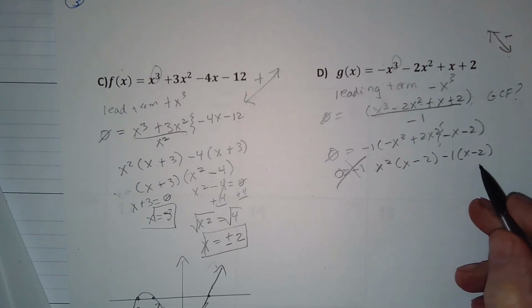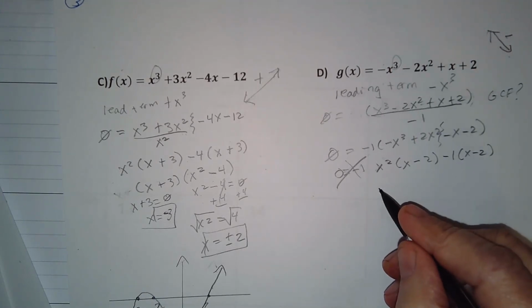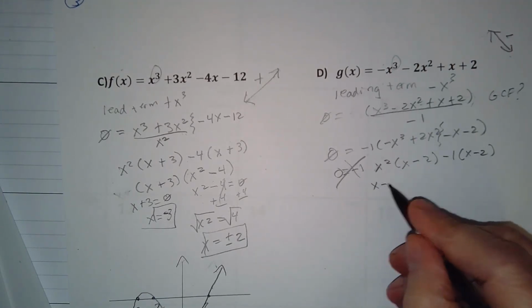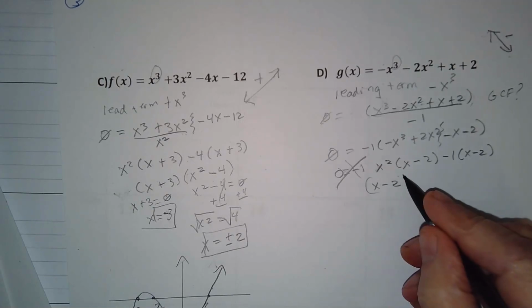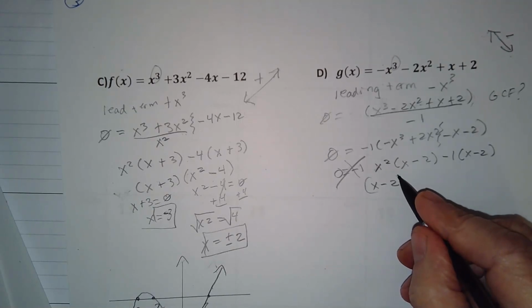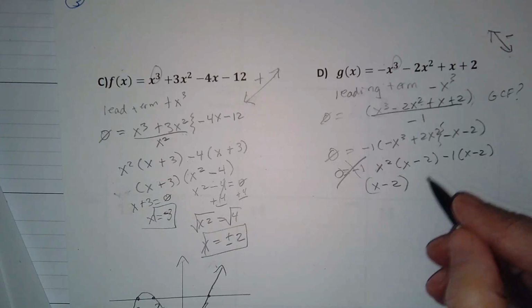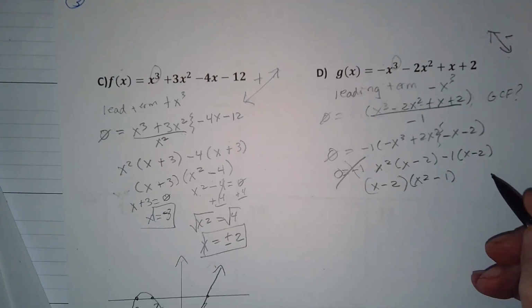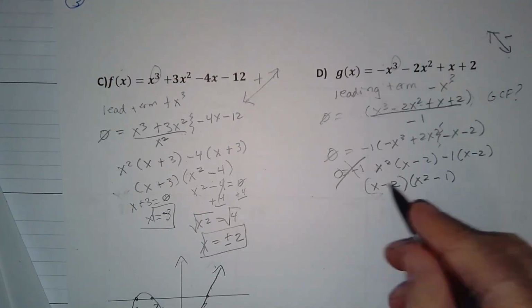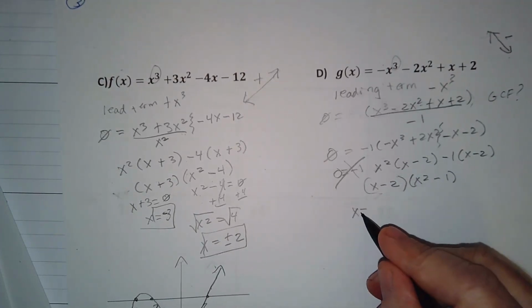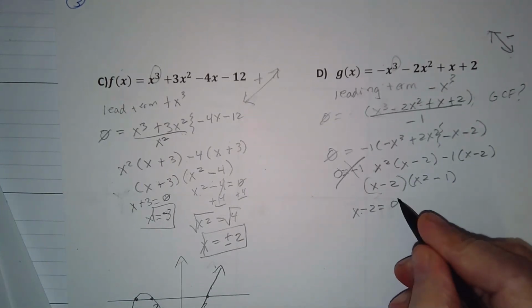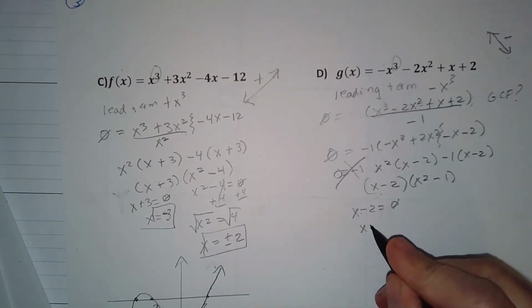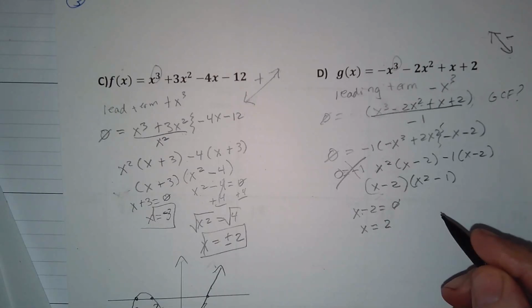All right, so now I can take the x minus 2, that's our first multiplier, and then I've got times x squared minus 1. Okay, so this x minus 2 now equals 0, so x equals positive 2.